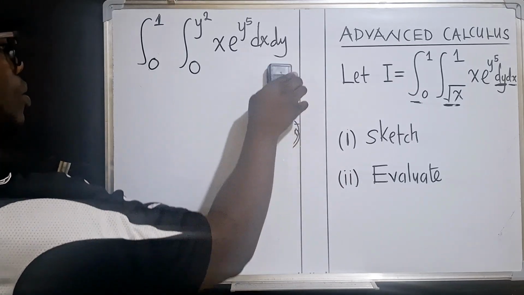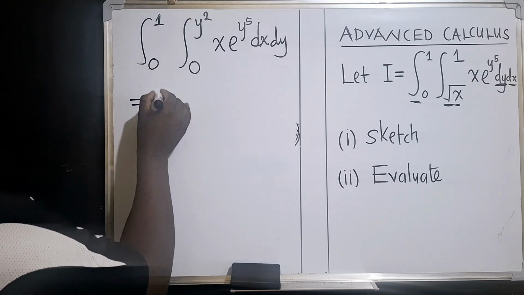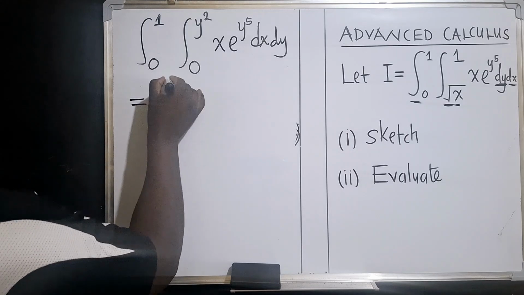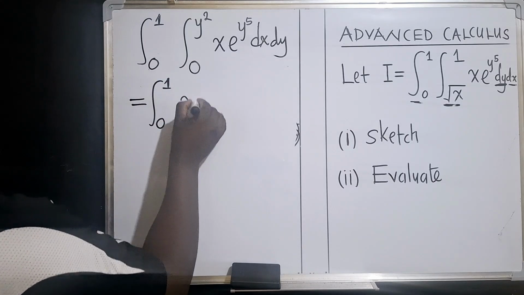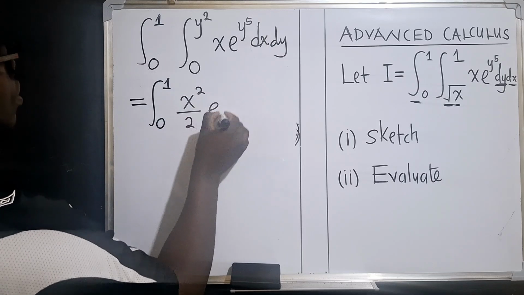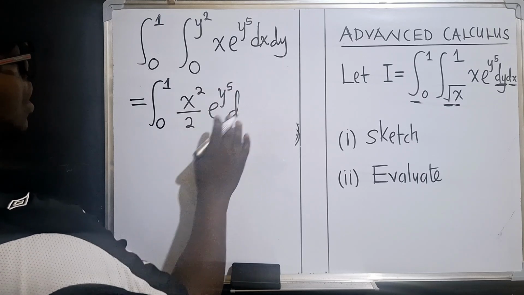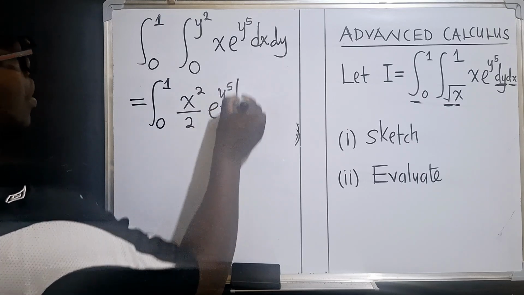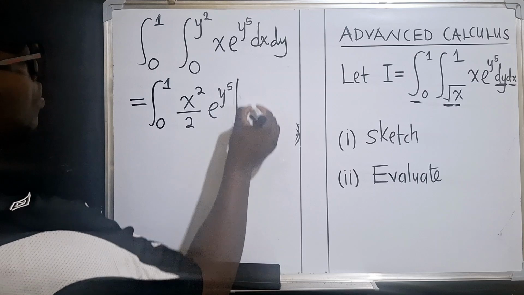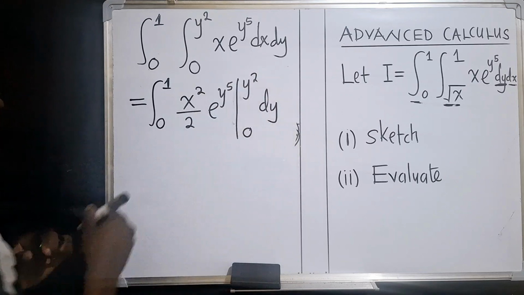So this whole thing will just be equal to the integral from 0 to 1 of x power 2 over 2, then here we've got e power y power 5. Before we put dx, we substitute the limit, so we can put the limits here, and this will say dy.